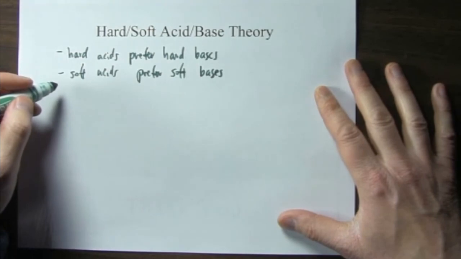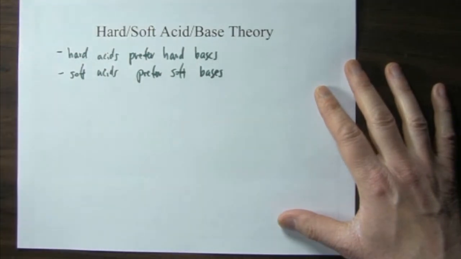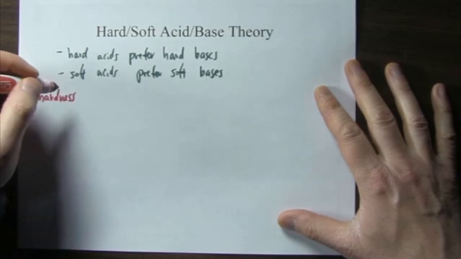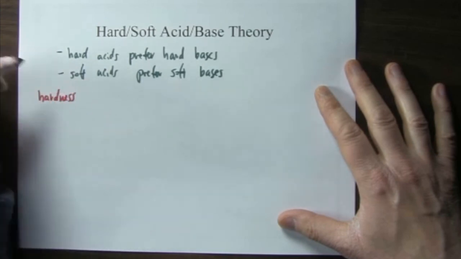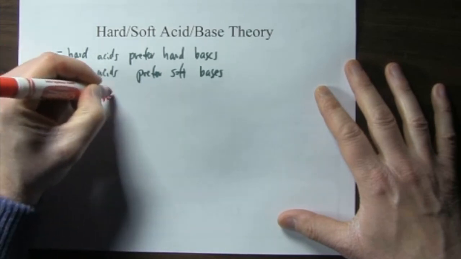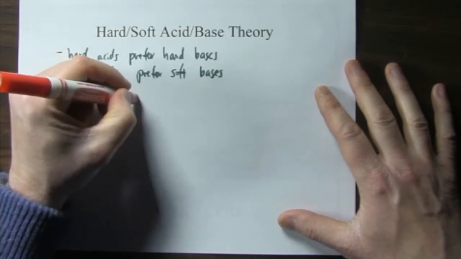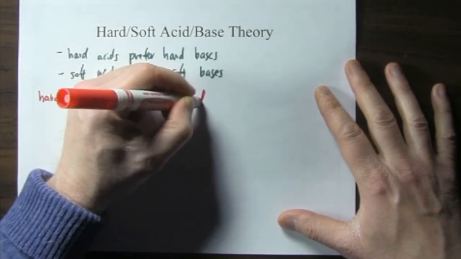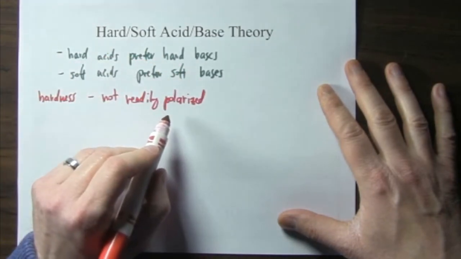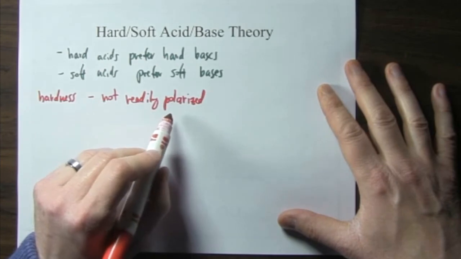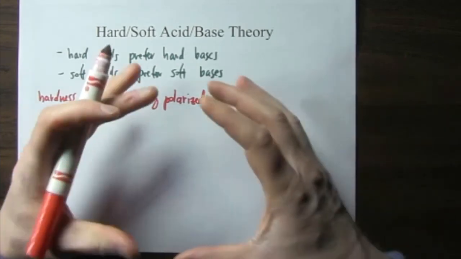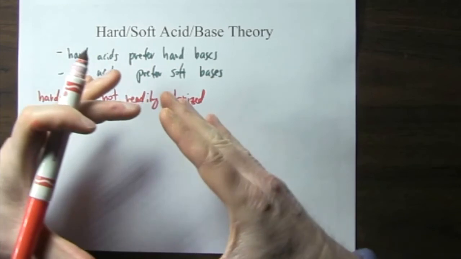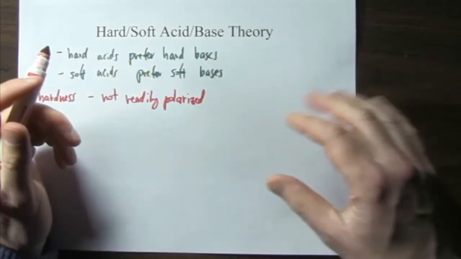What is a hard or soft acid or base? Hardness is a property of an element or a compound that says that it is not readily polarized. So we've seen polarizability, which is the ability of the ion or molecule for the electron cloud to be polarized from one side to the other when it's put in an electric field.